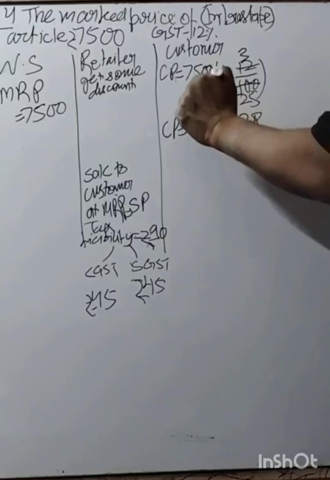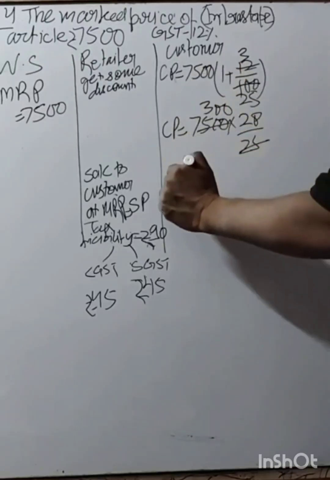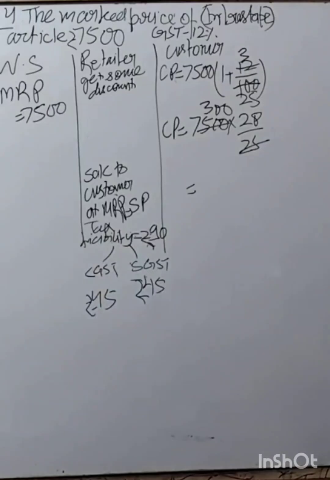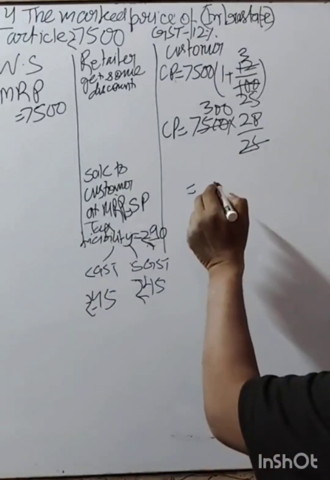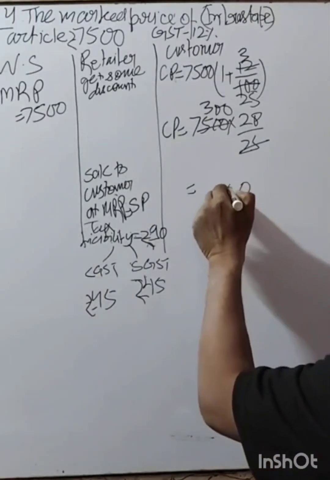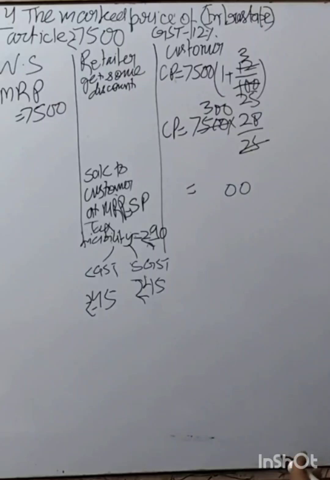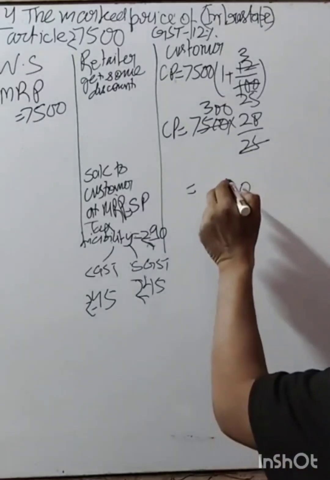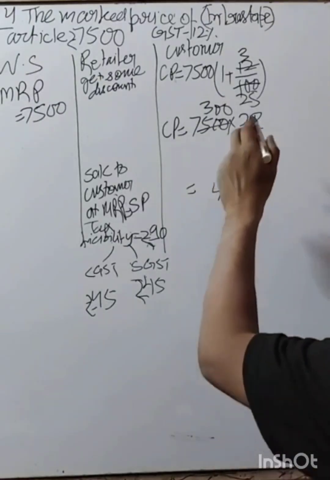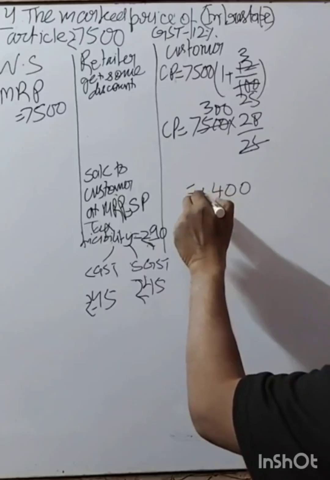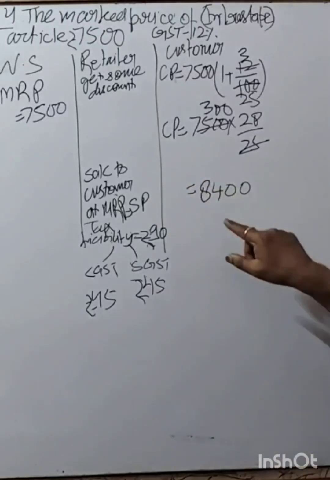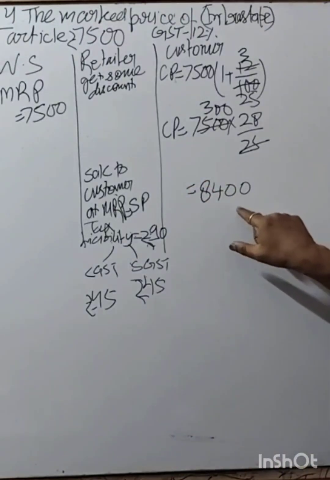It becomes 300, and 28 times 300 is 8,400 rupees.